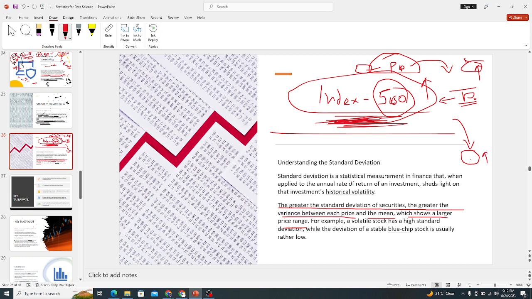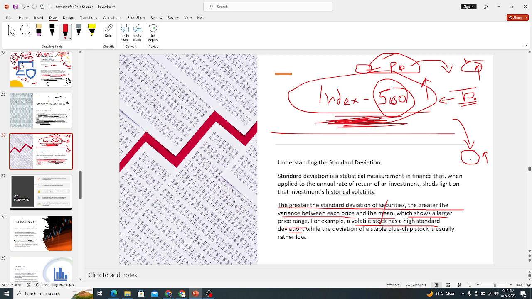Okay, all right. So, for example, a volatile stock has a high standard deviation, meaning it's a very risky stock. Okay, so standard deviation can help us to maybe determine risk, the risk of a certain security, or risk of a certain stock.